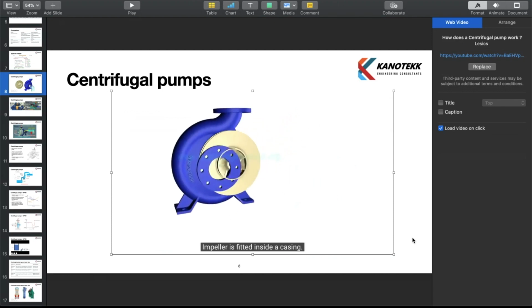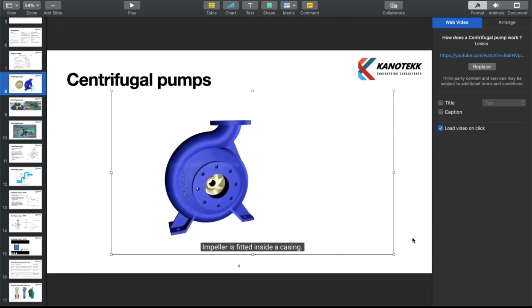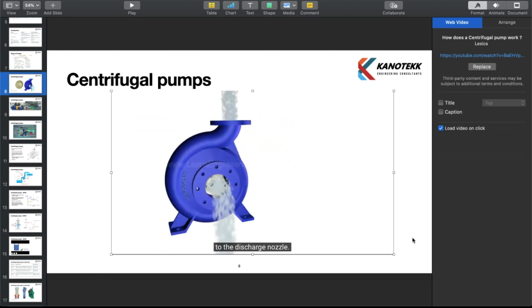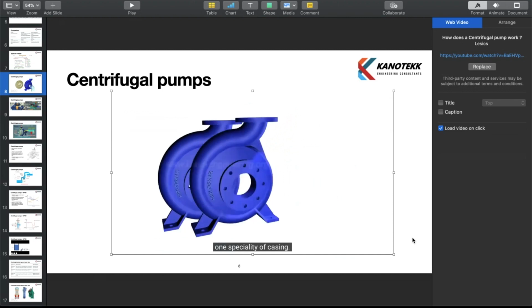The impeller is fitted inside a casing, so the water moving out will be collected inside it and will move in the same direction as the rotation of the impeller to the discharge nozzle. Here you can note one specialty of the casing.